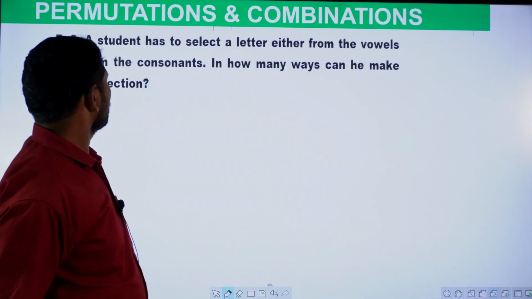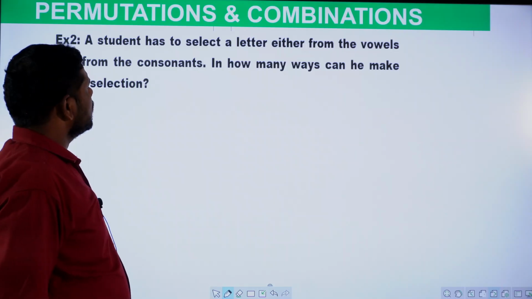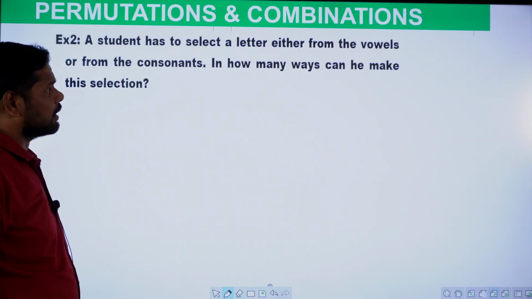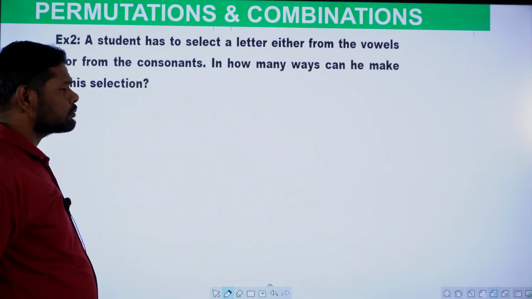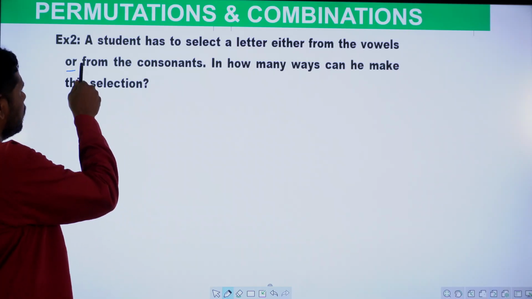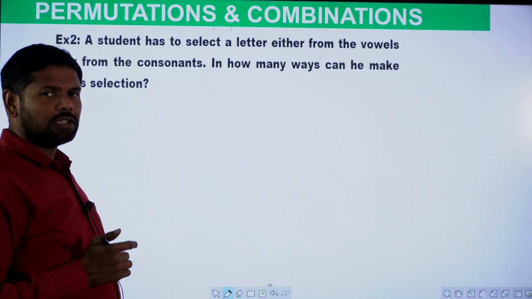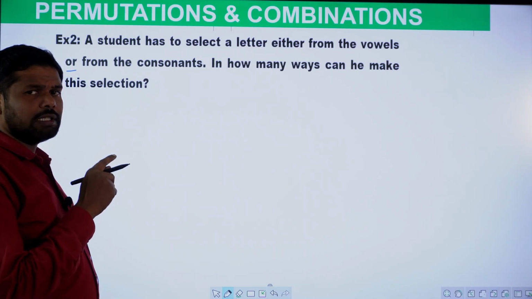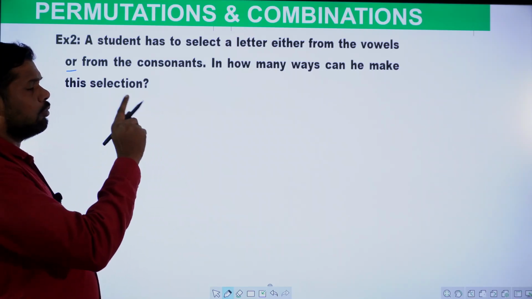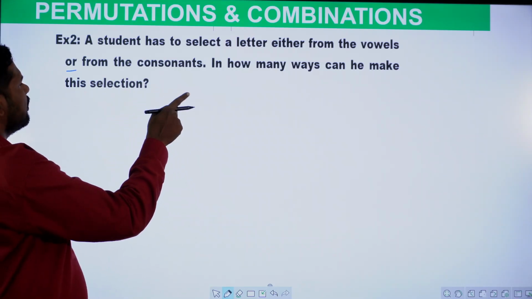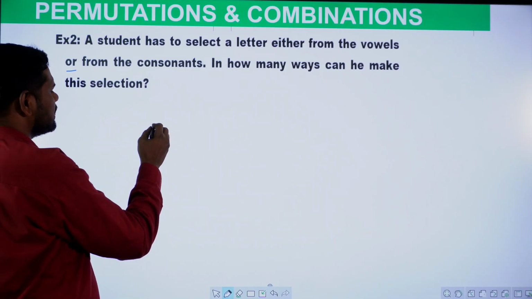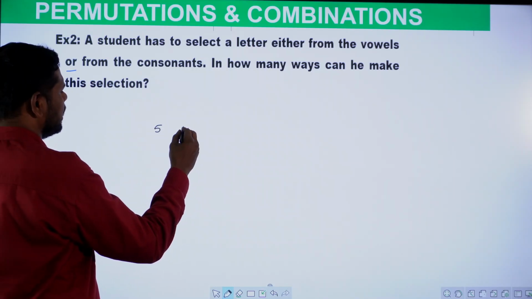Next question. A student has to select a letter either from the vowels or from the consonants. In the previous case, 2 letters: one letter from vowels and another letter from consonants. Here only one letter, but either from vowels or consonants. Vowels are 5, consonants are 21.